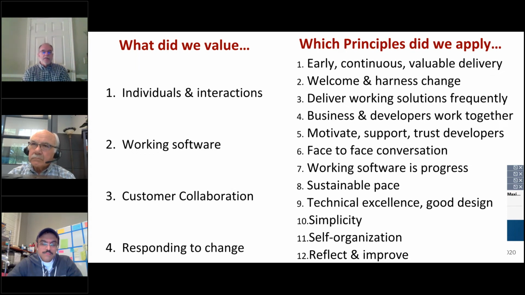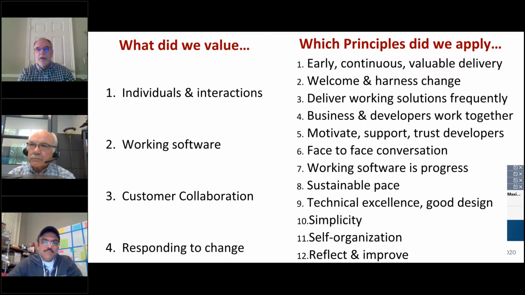So what did we value here? This training and this process stays true to the Agile principles. We valued individuals and interactions, working software, customer collaboration, or if you want to tweak this just a bit, working training and student-teacher collaboration, and responding to change.